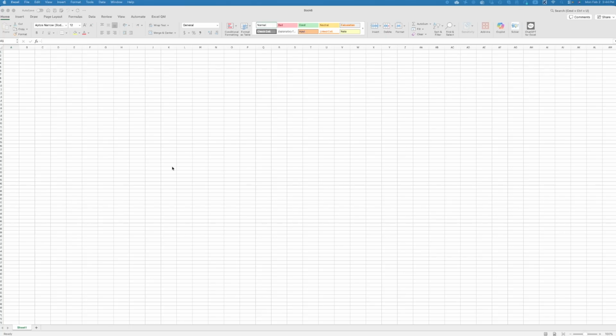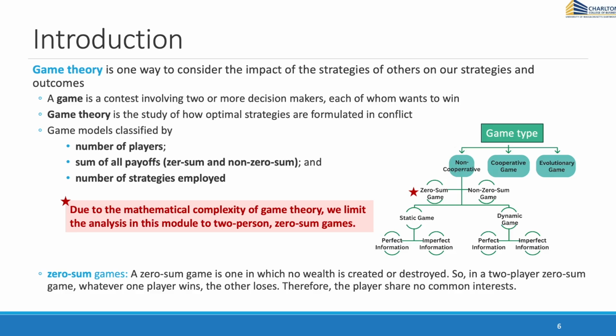In this tutorial, I'm going to talk about how to address the game theory problem in Excel QM, especially the zero-sum problem. Let's review the concept of game theory. A game is a contest involving two or more decision makers, each of whom wants to win. Depending on the number of players, sum of all players' payoffs, and number of strategies, the type of game can be different.